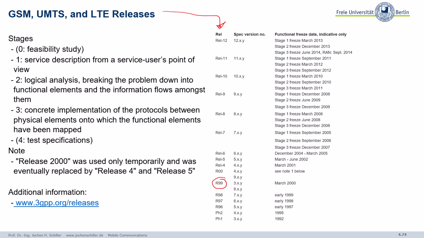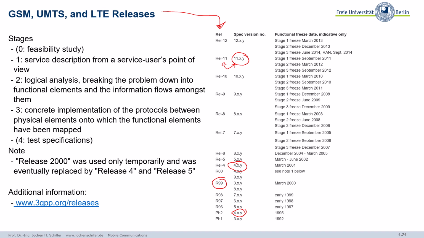What else? All the standards have a numbering, and in the numbering you will see the release number. Yes, there are some confusions. Release 4 has the number 4 as well as Phase 2 of GSM. Okay, look at the year, you will see there's a difference. But from the year 2000 on, you will see release numbers, and they are reflected in the specification number.